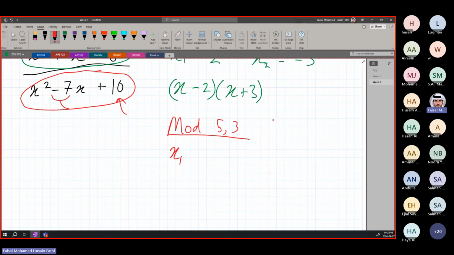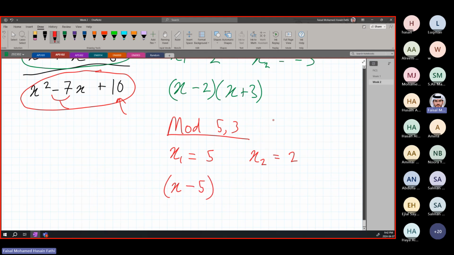So mod 5.3: a is equal to 1, b is equal to minus 7, and c is equal to 10. x1 is equal to 5, and x2 is equal to 2. Again, when the solution comes and we want to factorize, you're going to have to put the opposite sign. So this is minus 5, and if this is plus, this will be minus, times x minus 2.